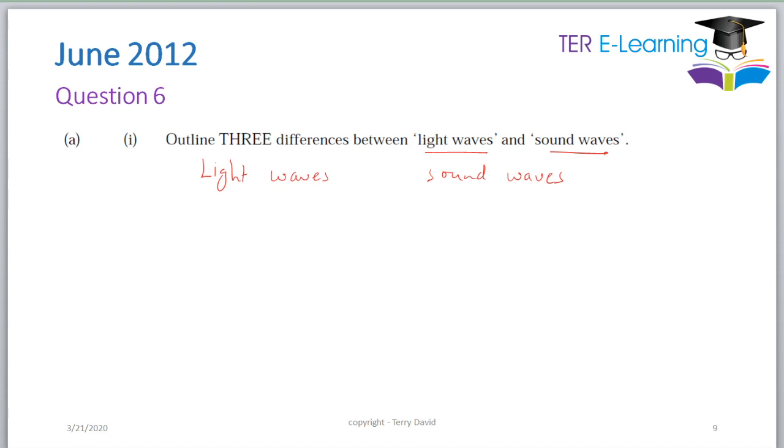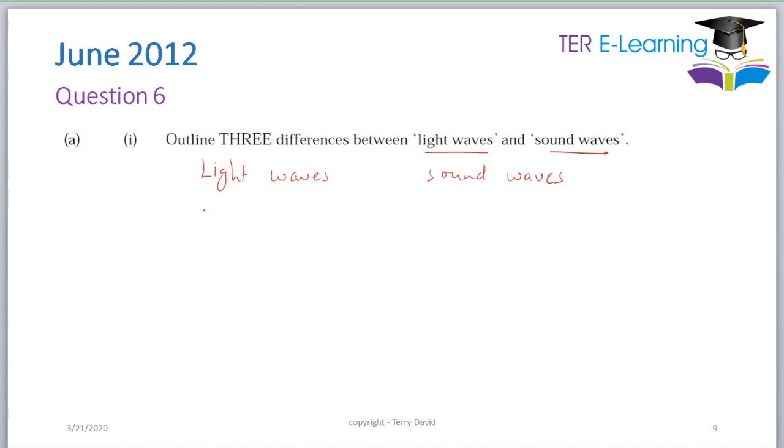Yep, that is true. So you have several differences between light waves and sound waves. Emily is saying light waves comprise of rays and particles, whereas sound waves comprise of compressions and rarefactions. Tyrese, light has a very short wavelength. Alright, so you'll have a good idea as to what the differences are.